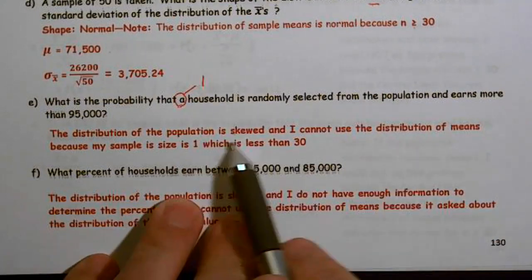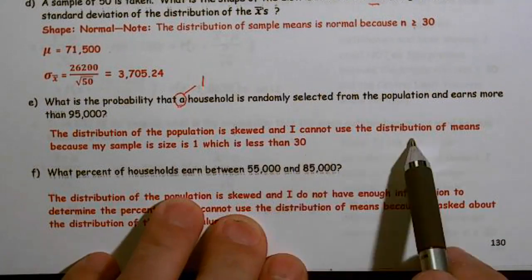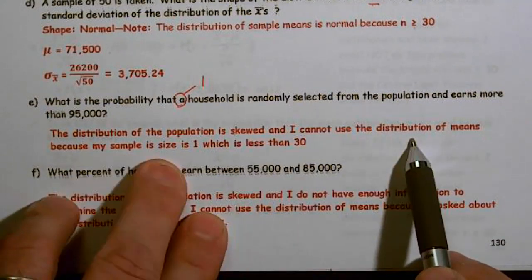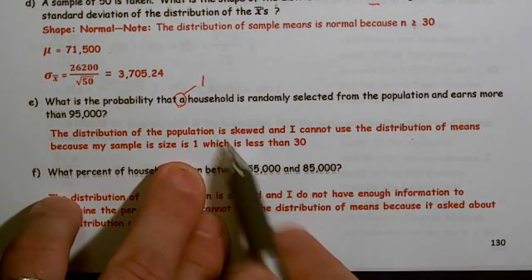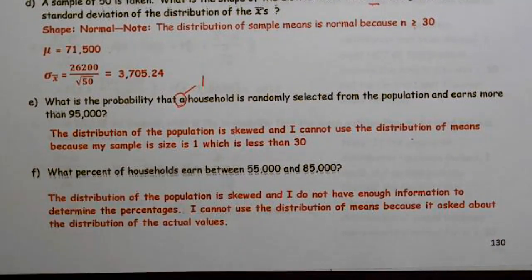So the distribution of the population is skewed, and I cannot use the distribution of means because my sample size is 1, which is less than 30. Now, if they said, what is the likelihood that 30 households had an average greater than 95,000? I could, but I would need to be talking about the averages or the means, and I would need to have a larger sample size.